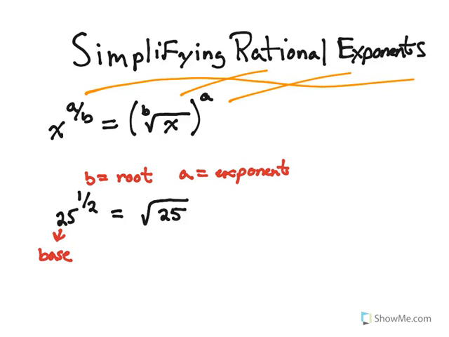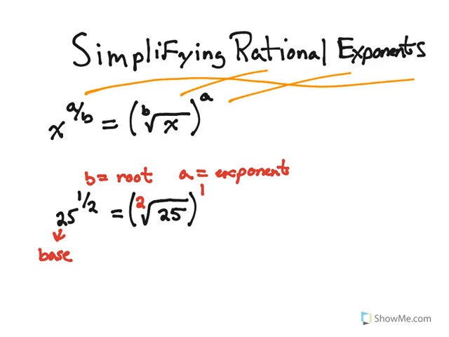So that's what I'm referring to. And we're going to take that and raise that to the 1/2 exponent. So the denominator 2 is the root, and then the 1 is going to be the exponent.